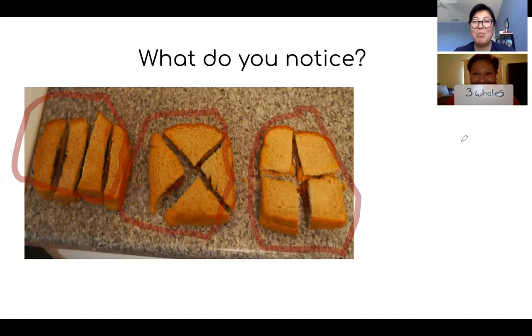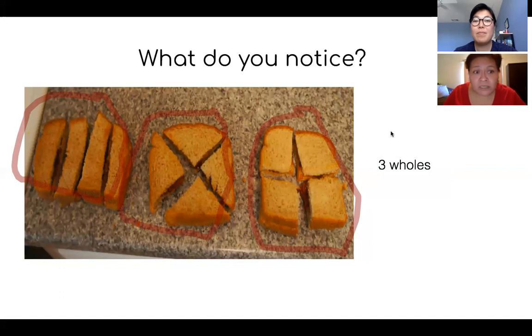Could you explain what you mean by 3 wholes? Yes, so when we're looking at an object that we have and want to cut it into parts that are equal, we call that a whole. But I'm seeing that each individual sandwich is cut in its own different pattern.